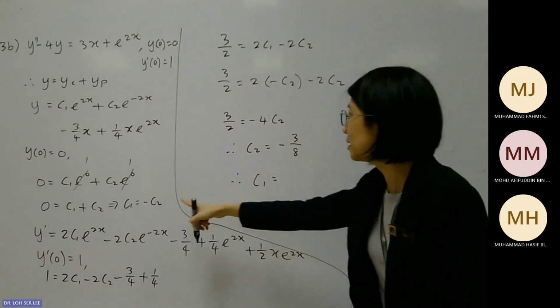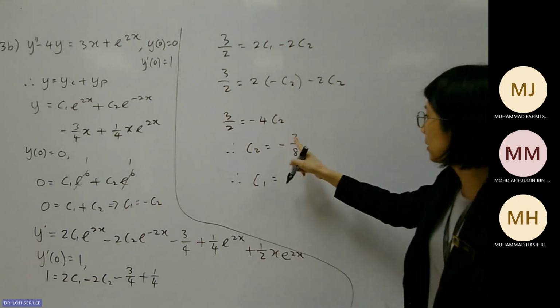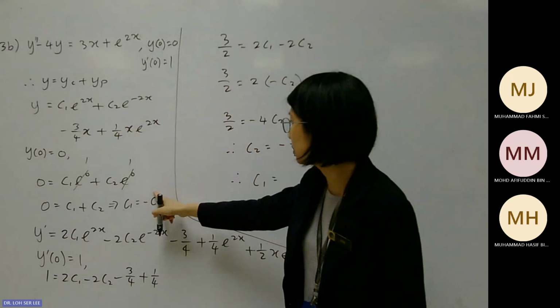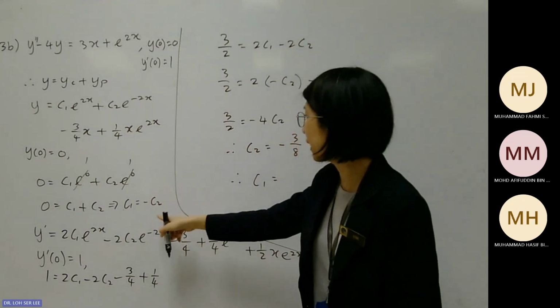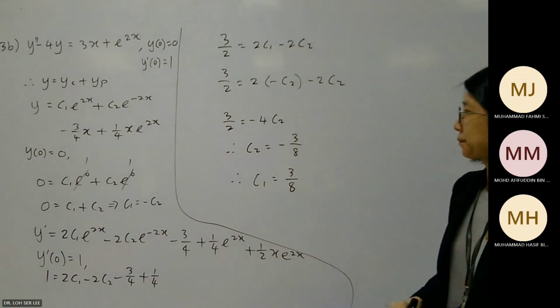So your c1: c2 is negative 3 over 8, so negative, negative, you get a positive 3 over 8.